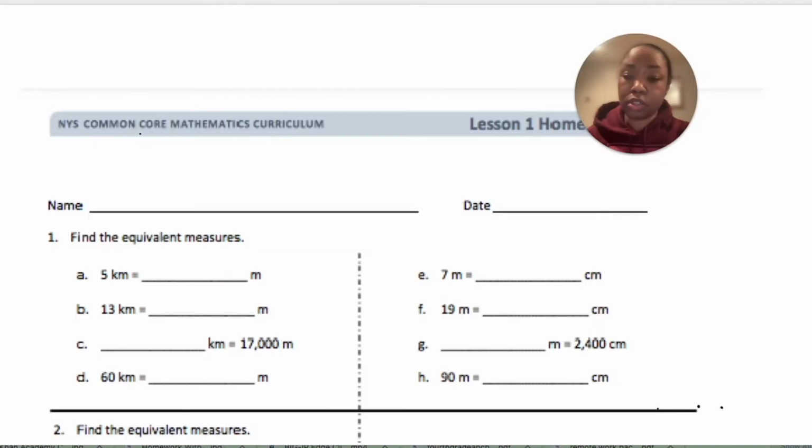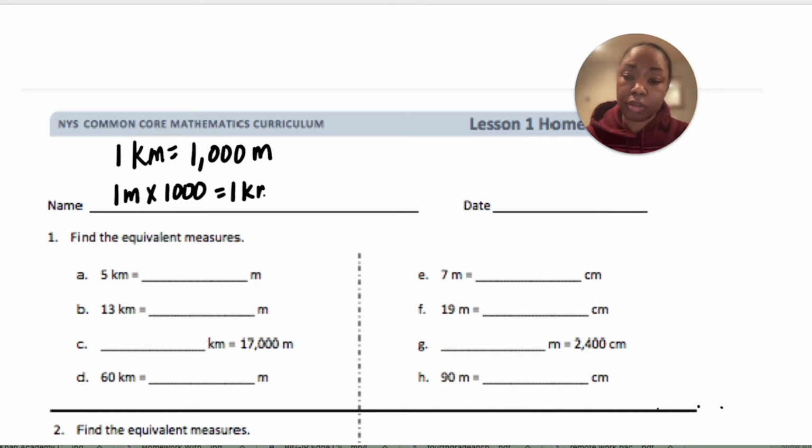So it's important to know that 1 kilometer equals 1,000 meters. So essentially what we're saying is if I do 1 meter 1,000 times, I get 1 kilometer.